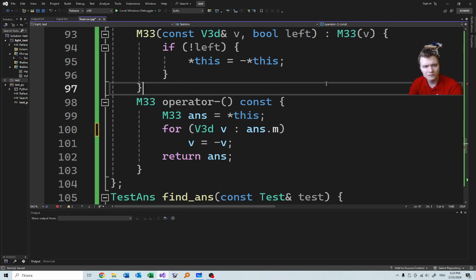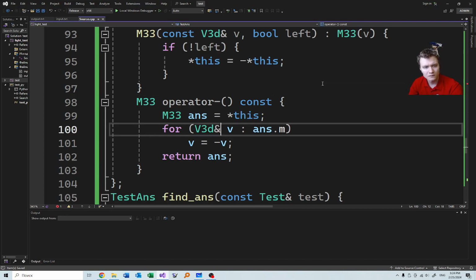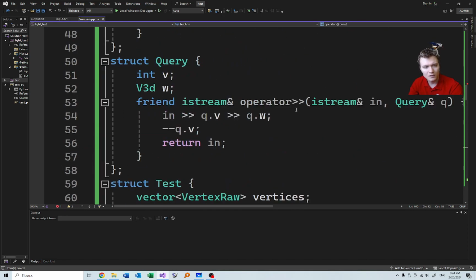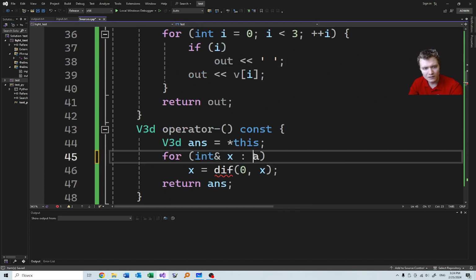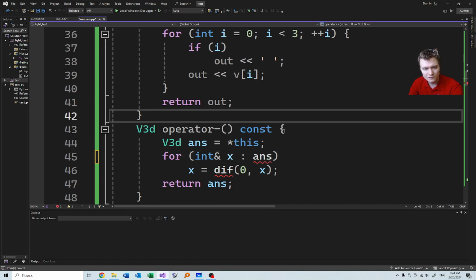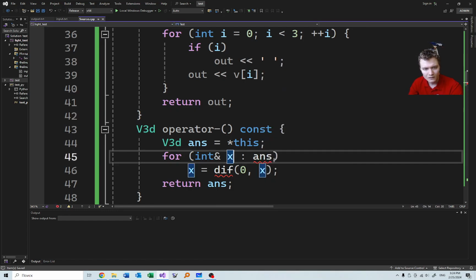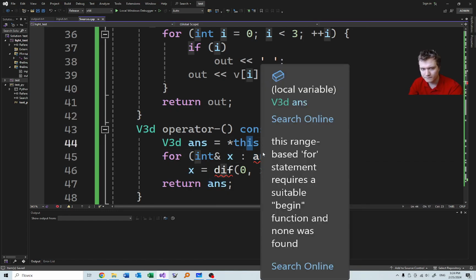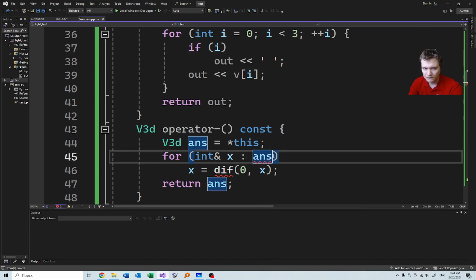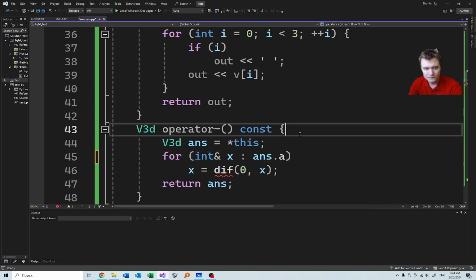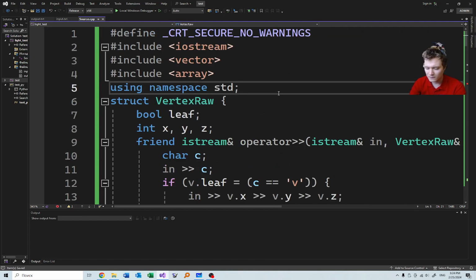This was not correct. Okay, yeah, we need to do it like this, but here we need ans. Okay, let's write the difference.